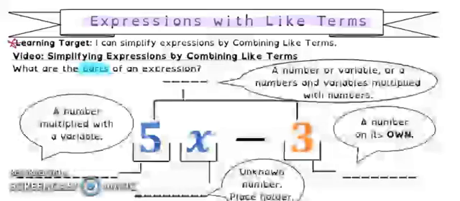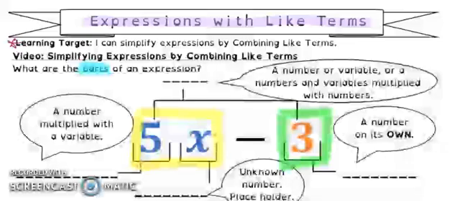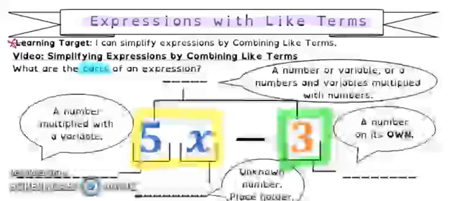So first, we've got this set of blue things, and then we have this orange number over here that are different. And it is asking us to figure out what these things by themselves are called.